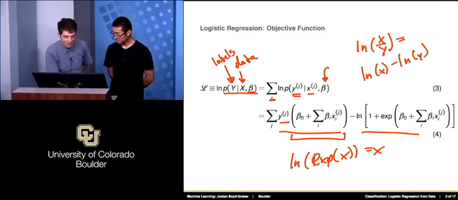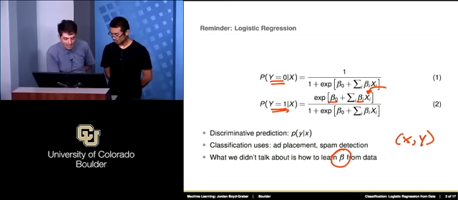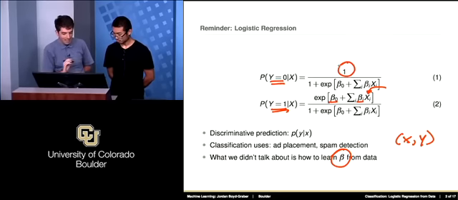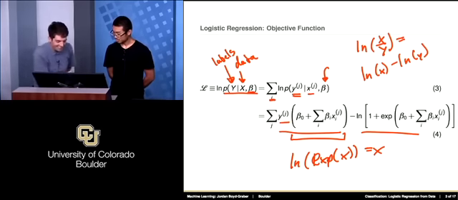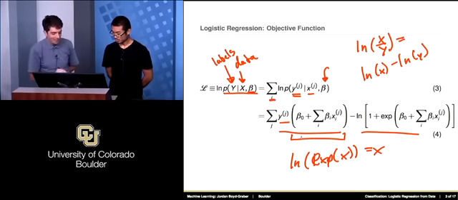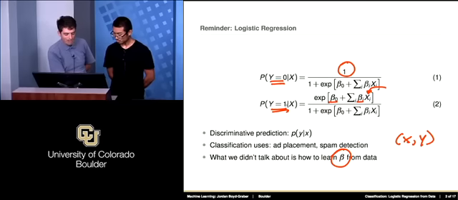A little bit. So think about it this way. If y is 0, then the numerator is going to be this. And what's log of 1? 0. Yeah, so when you have a 0, this goes away. And when y is 1, what's the numerator going to be?